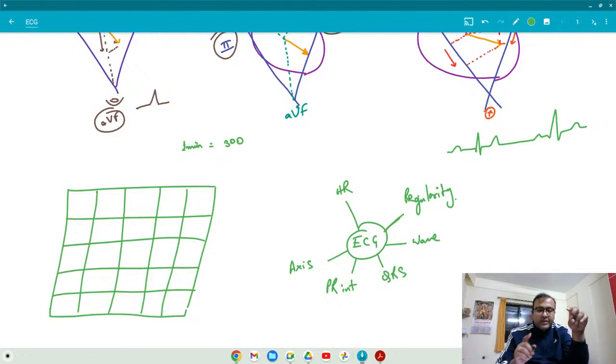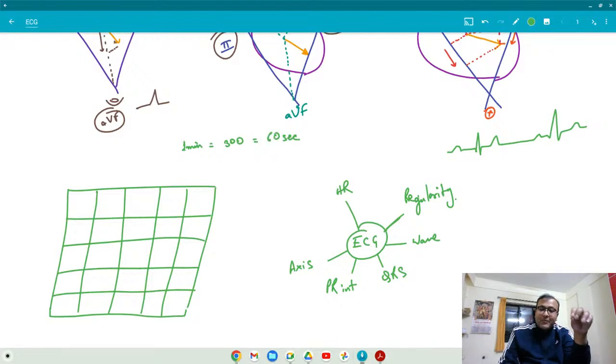That means 300 squares are crossing in how many seconds? In 1 minute, 300 squares will pass. 1 minute is equal to 60 seconds. I'm asking, 300 squares will take how much time to pass? 60 seconds.